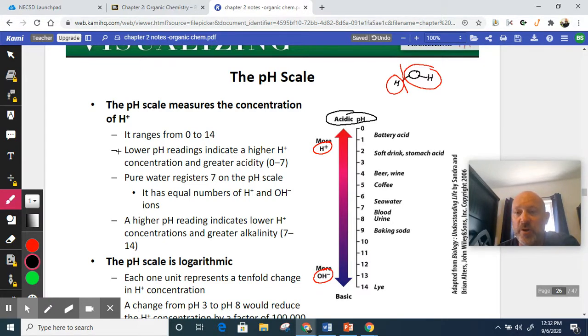And you could measure the concentration of hydrogen atoms or hydroxide atoms, and we could create what's called a pH scale. The pH scale has a dividing line in the middle. This is called neutral. So 7 is a neutral pH. That means for every one of these, there's one of these.